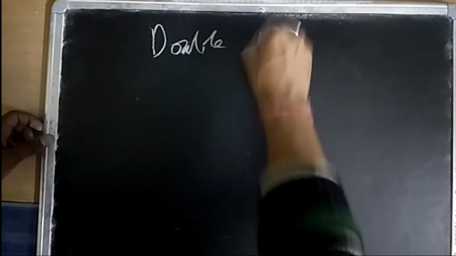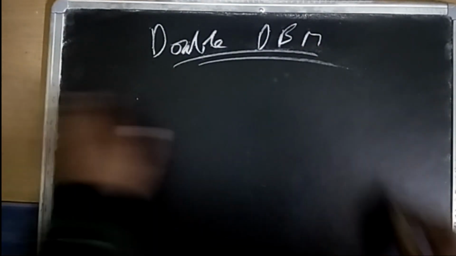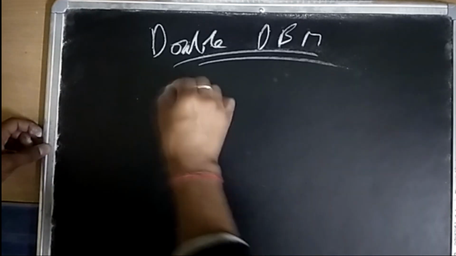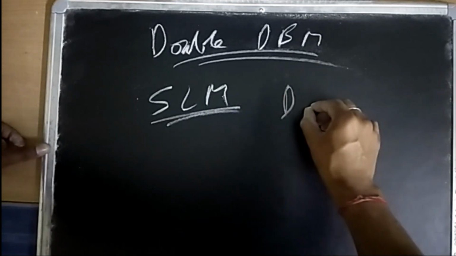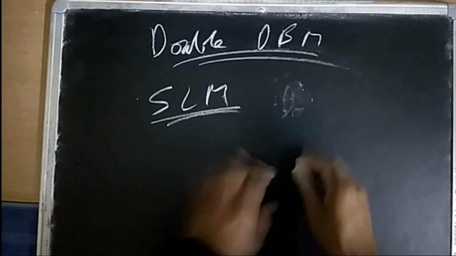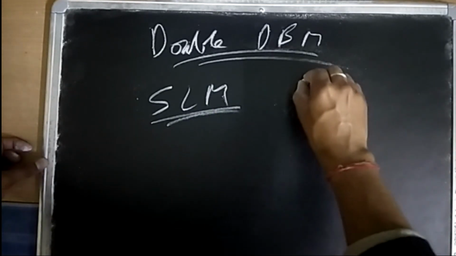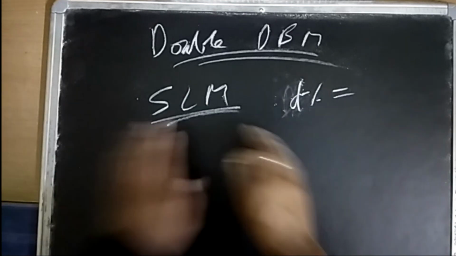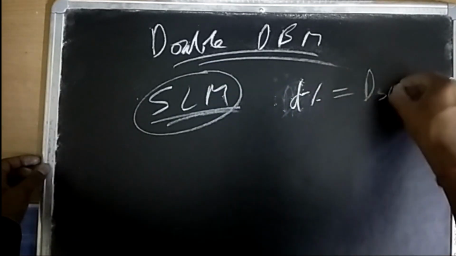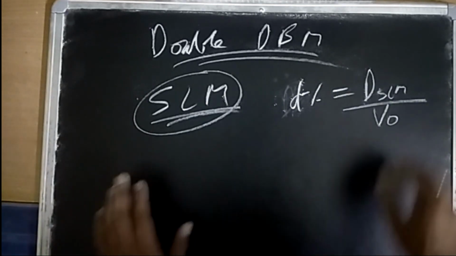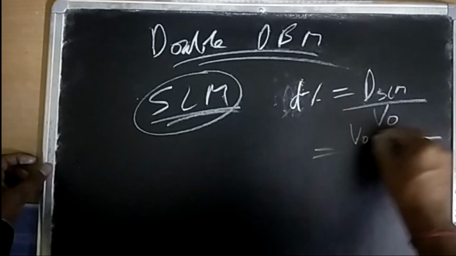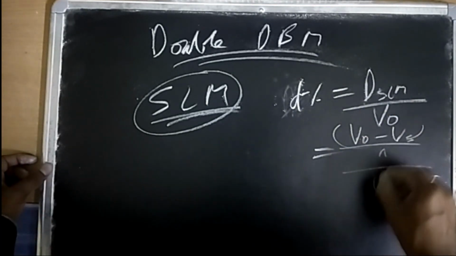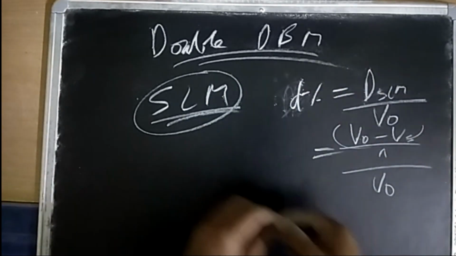Now sometimes it is the double declining balance method, let me explain it very fast. Do SLM first and you will find some depreciation. Then find the depreciation percent: DSLM divided by V naught, where DSLM is V naught minus VS upon N. So you are calculating this D percentage.